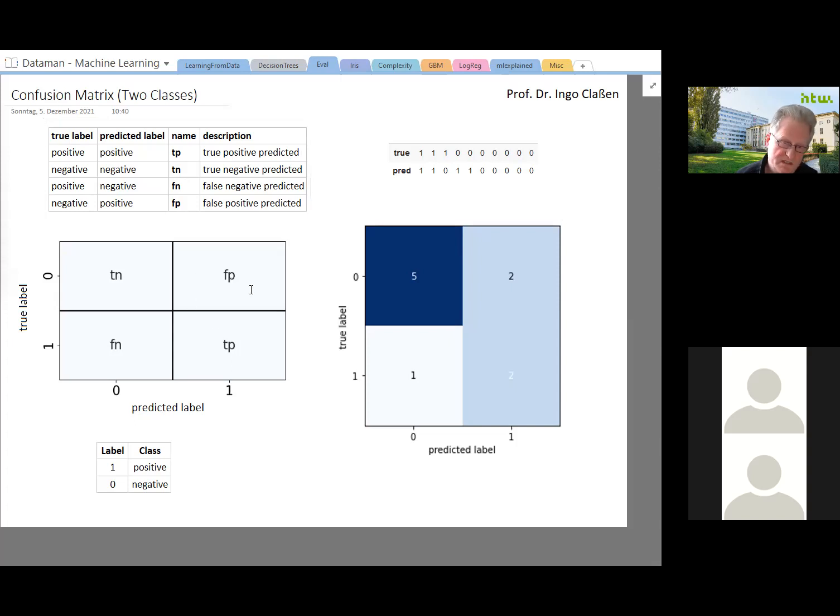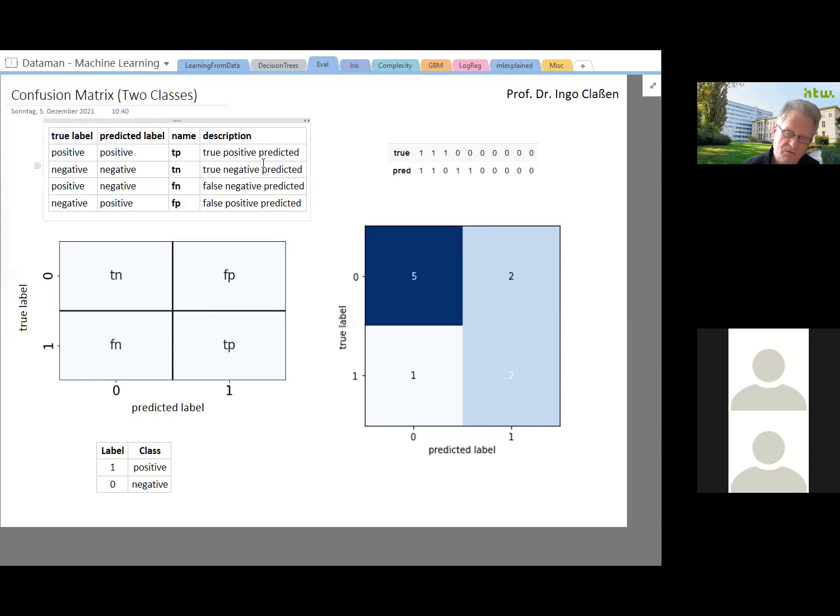Of course, in the literature, and I also do it, we call it true positive, but it helps to always say true positive predicted. And here, for example, false negative predicted. So we have it falsely predicted as negative. From my experience, it is helpful to look at it this way.